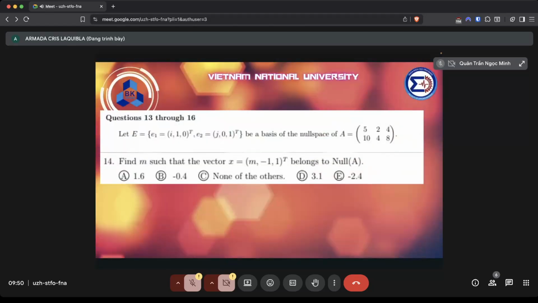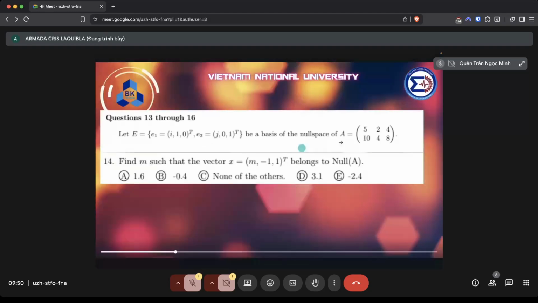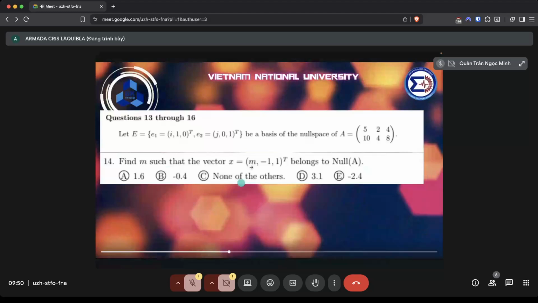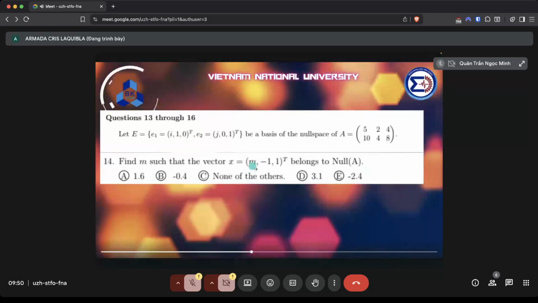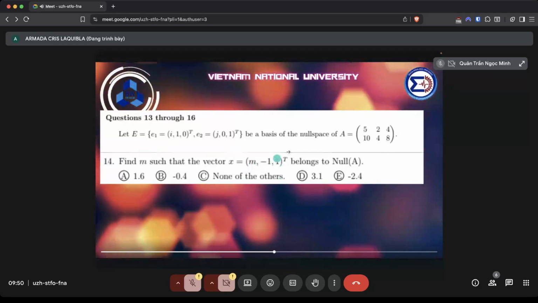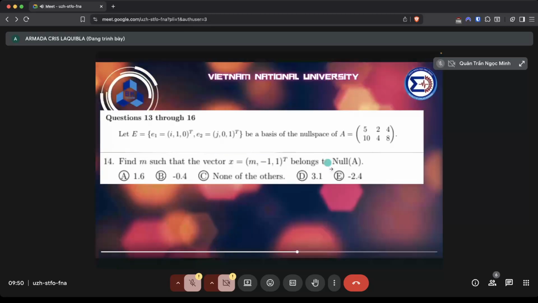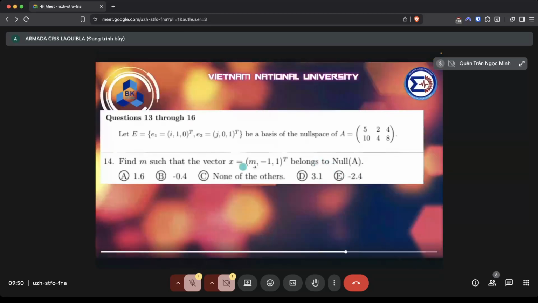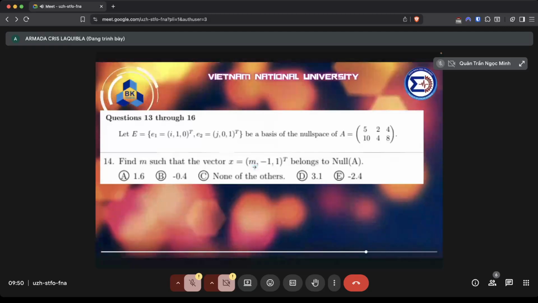So it's here now. Again, null space of A is the same with this, null of A. Find M such that the vector X, which is equal to M, negative 1, 1 transpose, will belong to your null A. So we find the M there. So what to do?